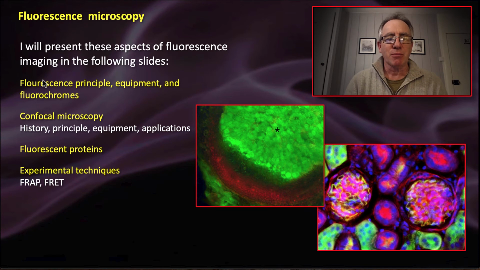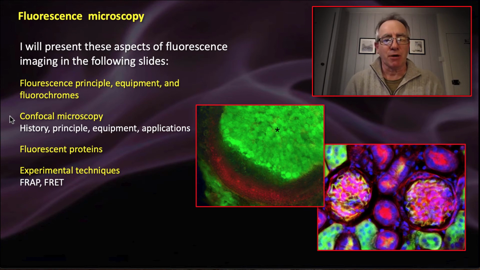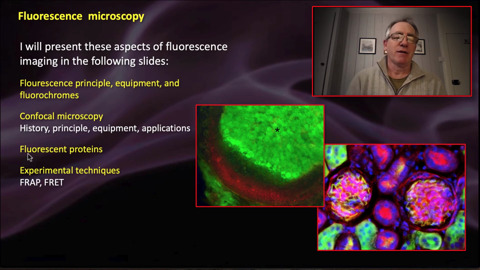There are several different aspects to discuss in this lecture: the principle of fluorescence, the kind of equipment we use, and fluorochromes, the kind of stains we use in fluorescence microscopy. Then I'll spend some time talking specifically about confocal microscopy, which is a subcategory of fluorescence microscopy. And then I'm going to talk about fluorescent proteins in the second half of the lecture today.